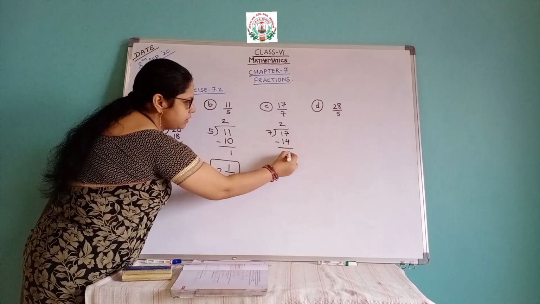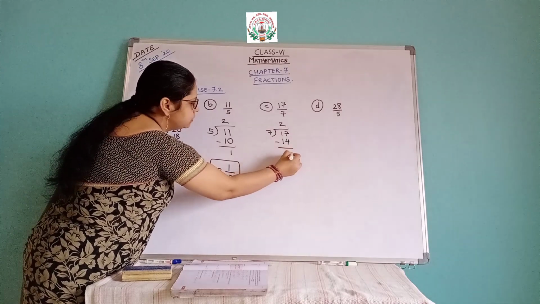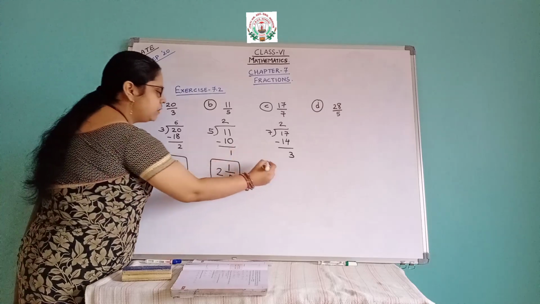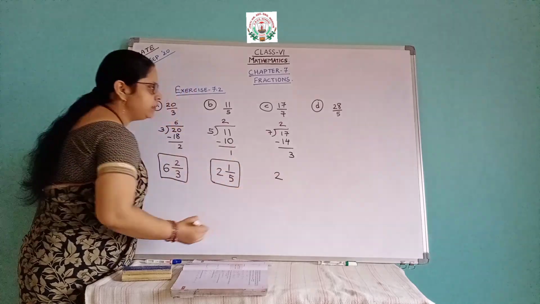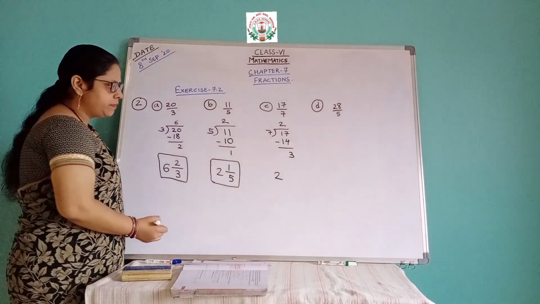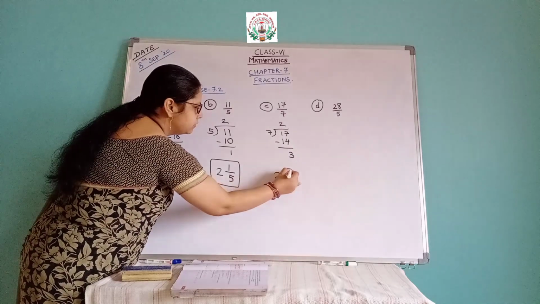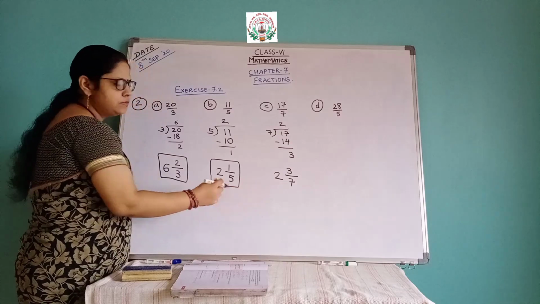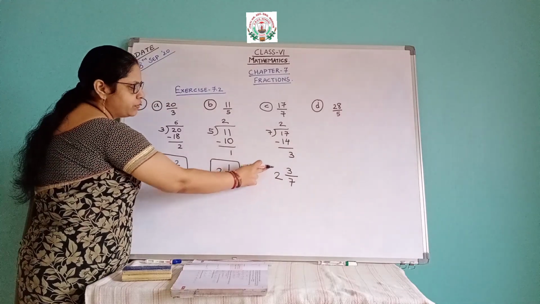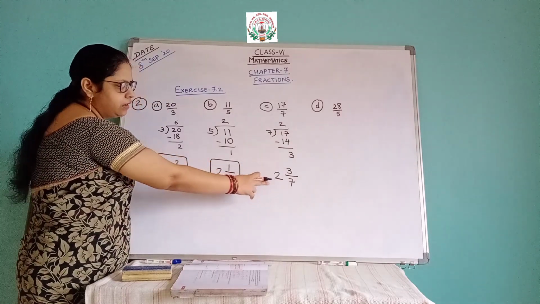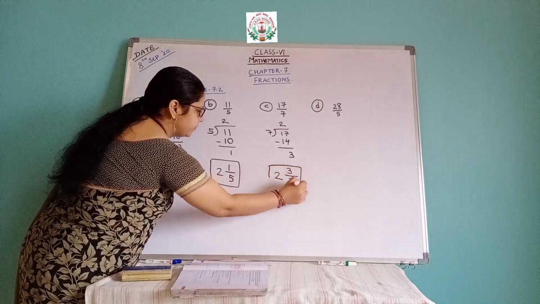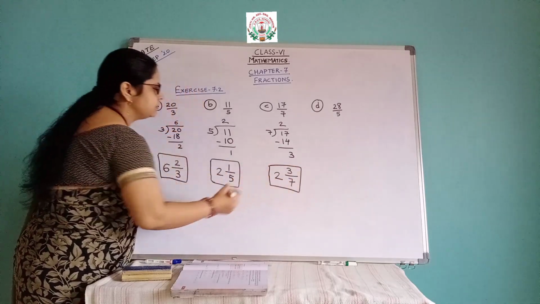Then the remainder is 3. The quotient will be the whole number part, the remainder 3 is the numerator, and the denominator will be the same. Checking: 7 2s are 14, 14 plus 3 is 17, and the denominator is the same. This is your answer.